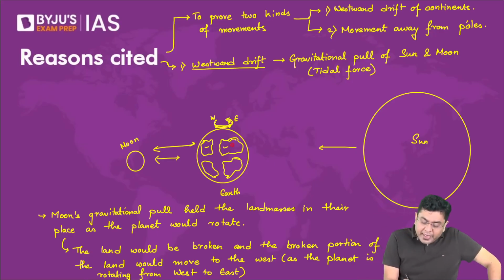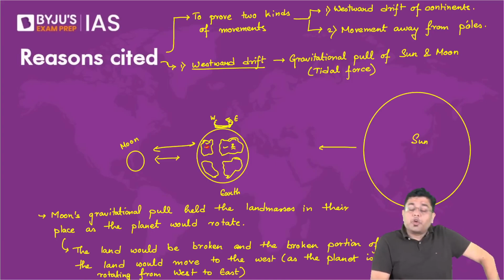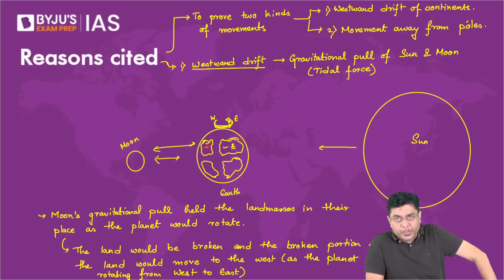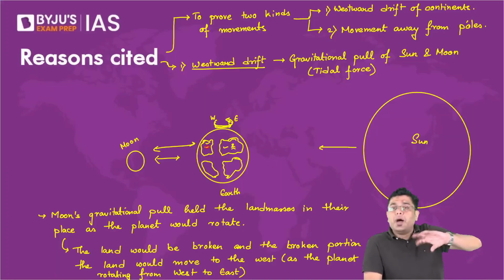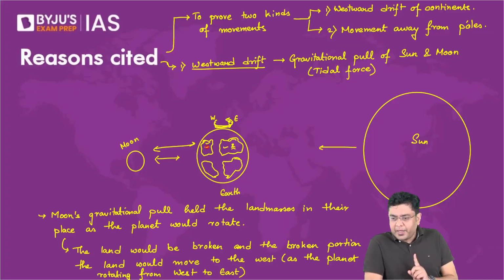So, for an individual who is standing here, for that individual, this motion of the continent would appear to be in what direction? In the westward direction, isn't it? So that is why you have the westward drift of the continents as per Alfred Wegener. Is that understood? Good.